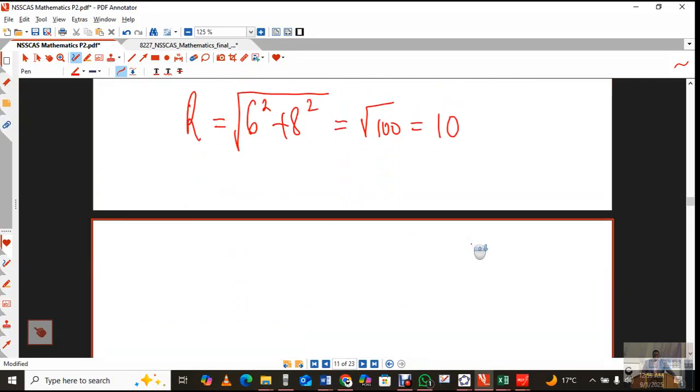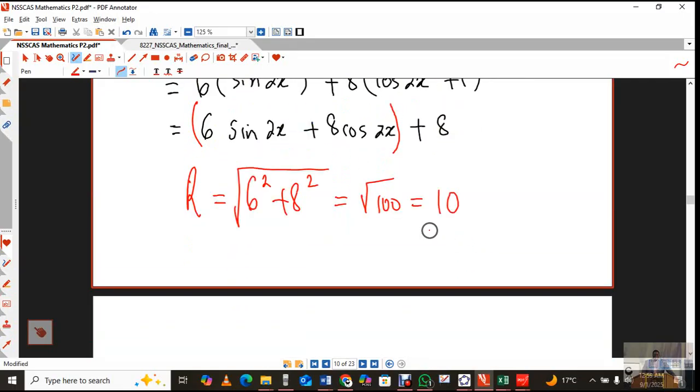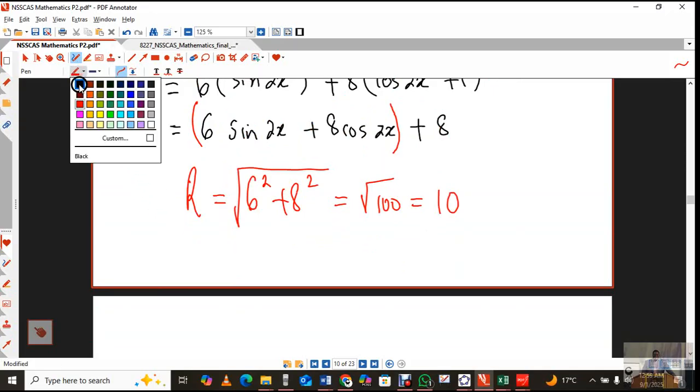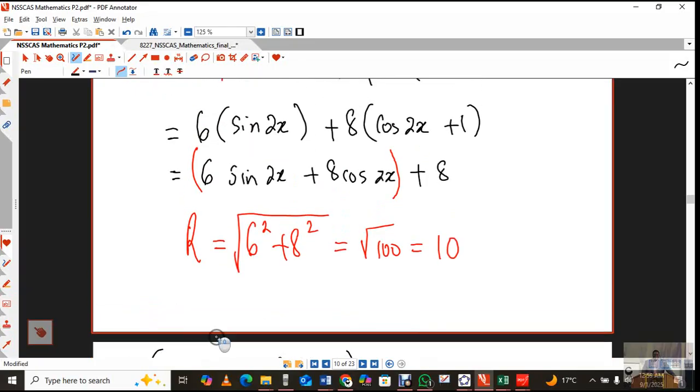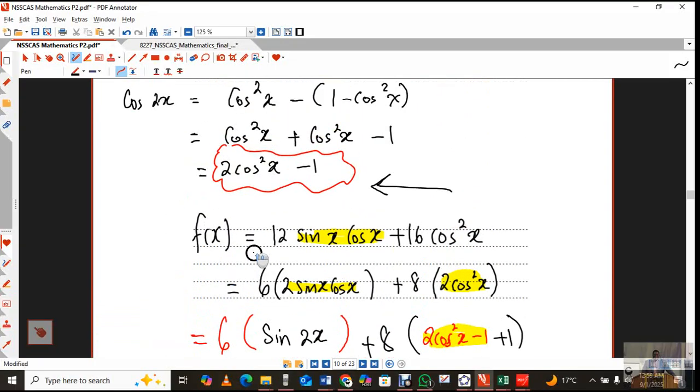So at the end of the day, I'm just going to write the stuff down. I'm saying equals to here. You'll see why, because it's an identity that I'm comparing. Plus 8 cos of 2x plus 8. Now let's go and grab what this is equal to.